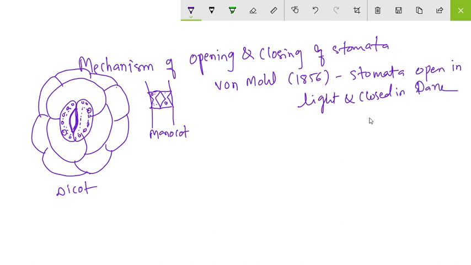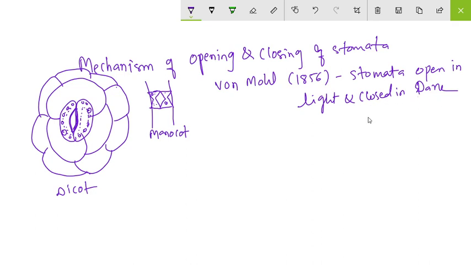He explained this movement on the basis of photosynthesis in the guard cells. When photosynthesis takes place during the daytime, the stomata open, and when photosynthesis stops, they close during the night.